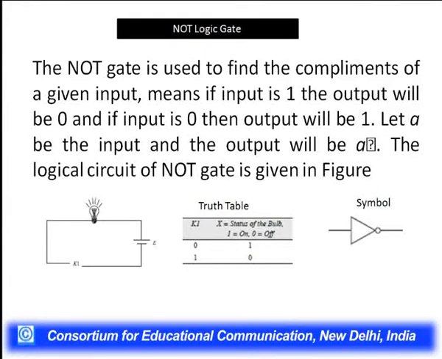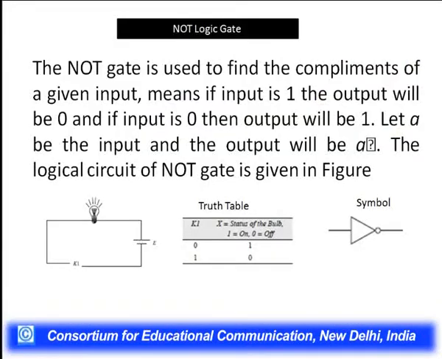The logic circuit of the NOT gate is given here. In the circuit only one key is closed, so the bulb will not be on. If the key is open, then the bulb will be on. So it is the case of an inverter. If light is coming, the inverter is off.